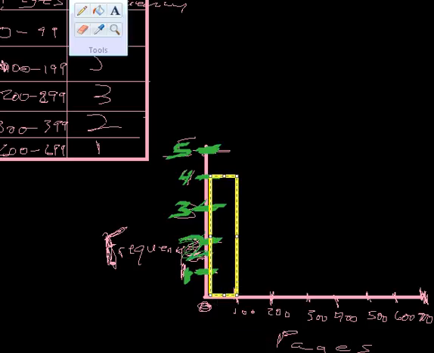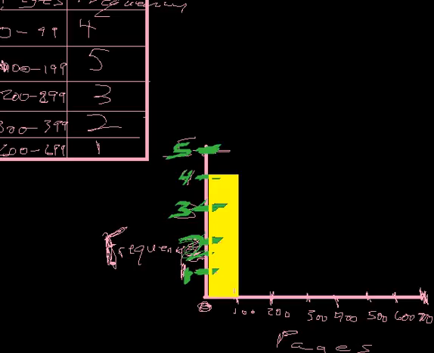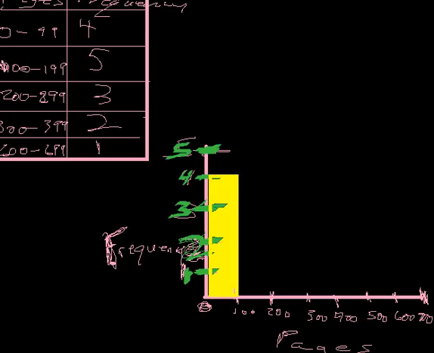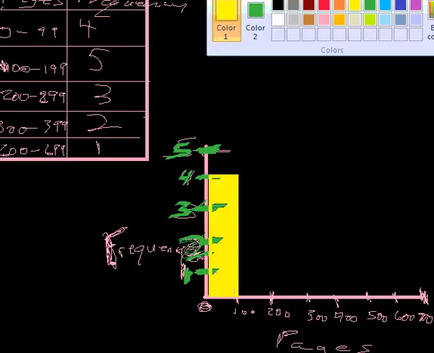Let's fill that guy in. Awesome. And now my next bar, here's the most important thing about a histogram, guys: each bar touches the other. And if you get that down, you're going to be all right.